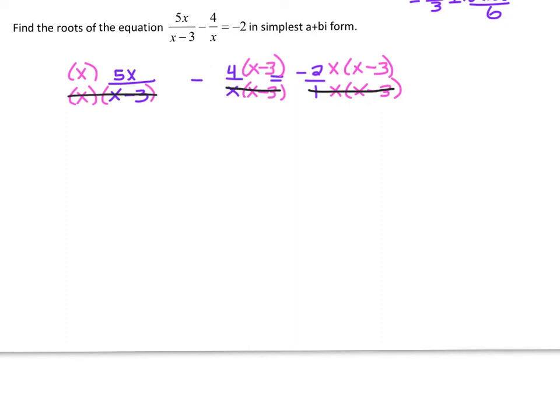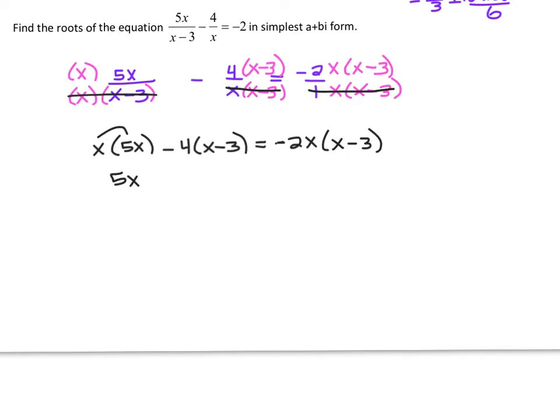All right, so we have x times 5x minus 4 times x minus 3 equals negative 2x. I'm just going to put these together as one term, times x minus 3. So x times 5x is 5x squared.